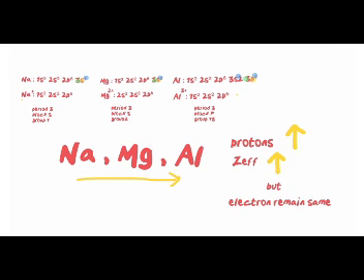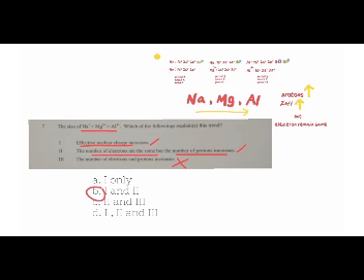Across a period, the protons increase, and Zeff also increases, but the electrons remain the same. So the answer for question 7 is 1, the effective nuclear charge increases, 2, the number of electrons is the same but the number of protons increases. But the third, the number of electrons and protons increase, is wrong. So the answer is B, 1 and 2.